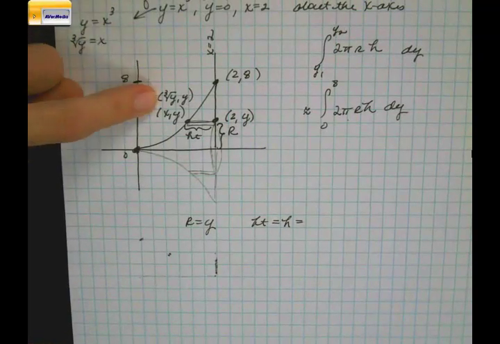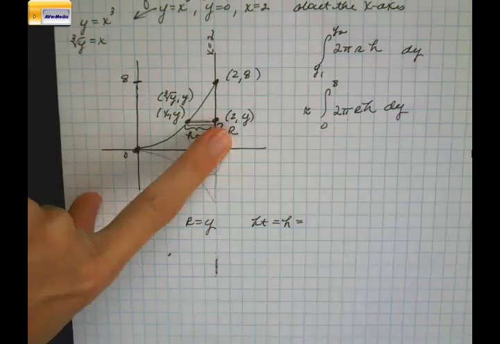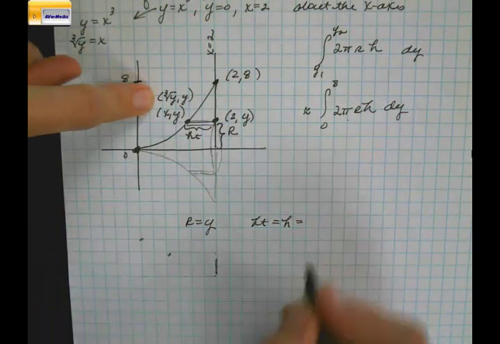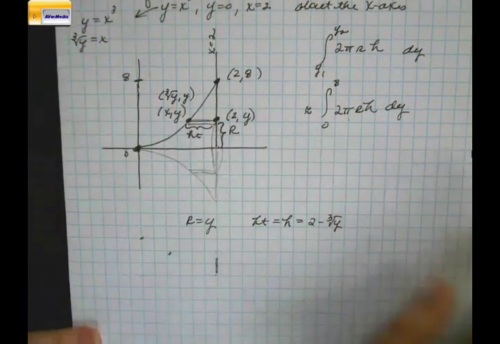Okay, you got the cube root of y, right? The cube root of y is the first ordinate in the ordered pair, right? So what's it over here going to be? 2. 2 minus the cube root of y. Okay, so it's 2 minus the cube root of y.